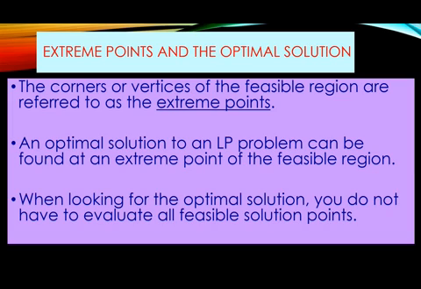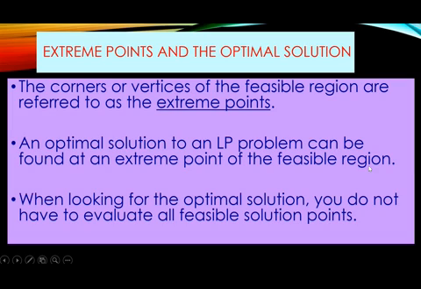That is, it gives the maximum possible value in case of a maximization problem, and the minimum possible value in a minimization problem. That is called the optimized solution, or the optimal solution. An optimal solution of an LP problem can be found at an extreme point of the feasible region.